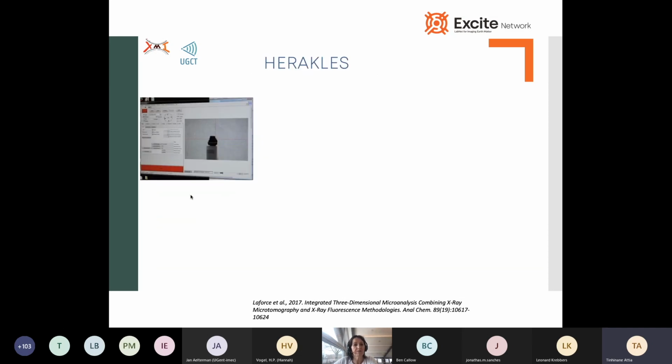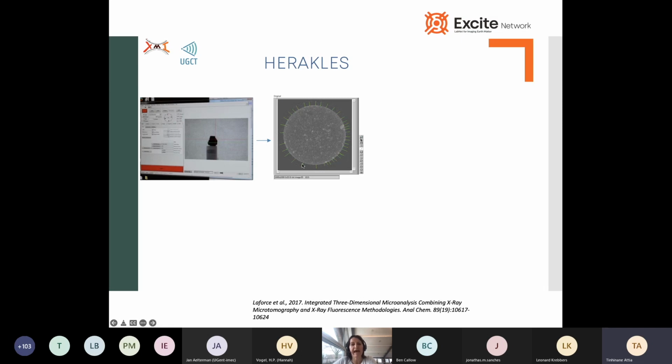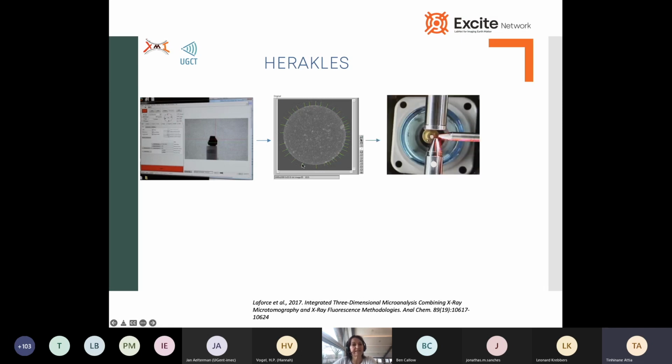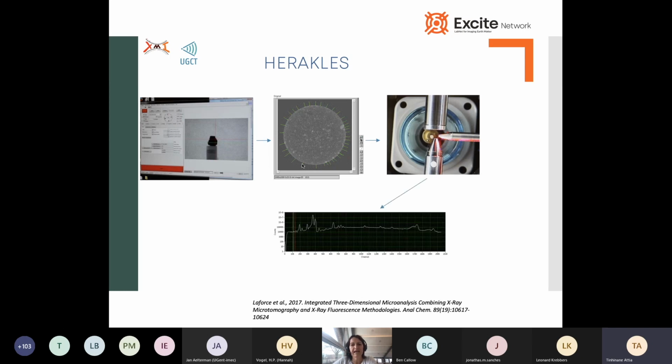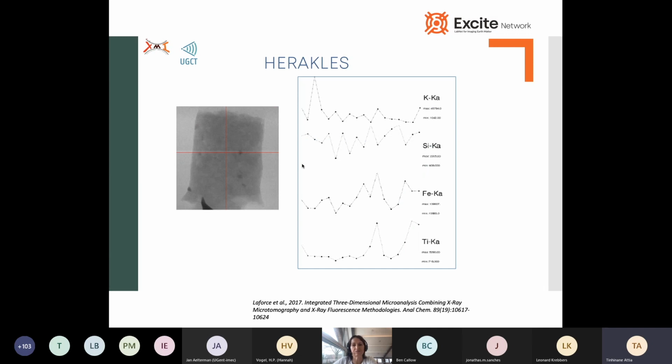So what you typically do is you scan the sample, and then after reconstructing, you can say, okay, I want to have a point analysis at this spot or at this spot, and then the system automatically goes to that XRF end station, and this way you can have the spectrum. And by doing so, you can draw lines on your surface, similar to what you do when you do a line profile with electron microscopy, and get the chemical information of your surface.